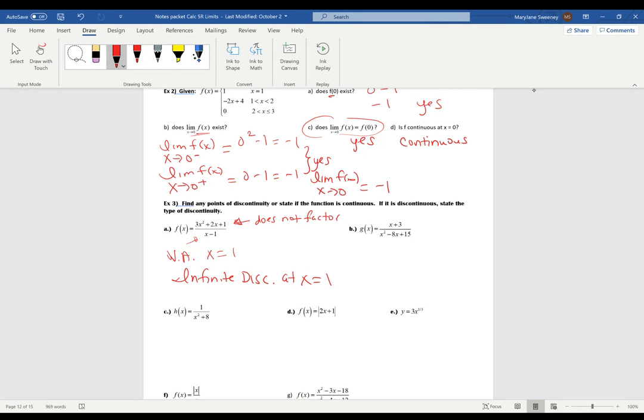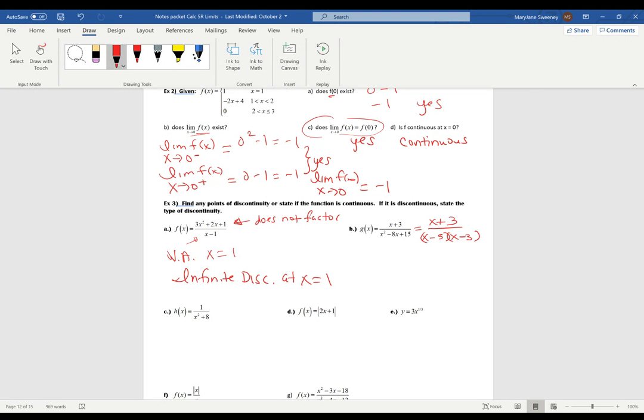The next one, I can factor. I want multiplies to positive 15, adds to negative 8, which is negative 5, negative 3. But notice, I can't cancel.